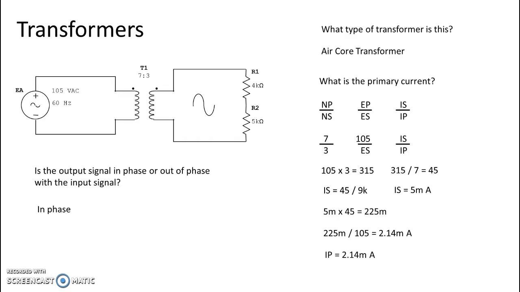You don't even have to go all the way out to figuring primary current, because they're going to be the same. So as soon as you have the voltage in the secondary and the current in the secondary, you can just multiply them together, and that is power in the primary and power in the secondary, because remember, they are the same. That's what makes that ratio formula work.